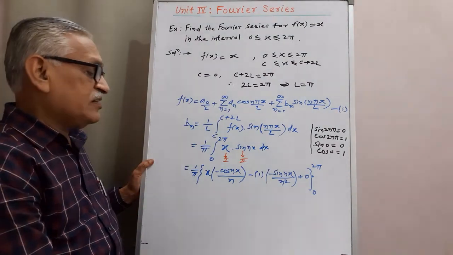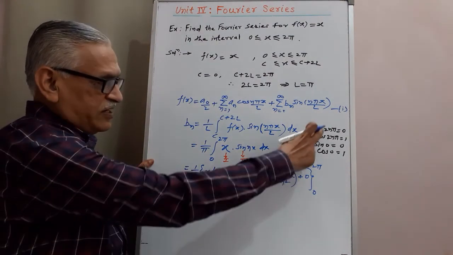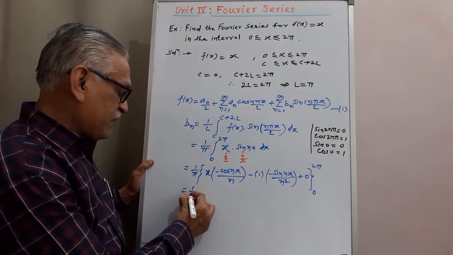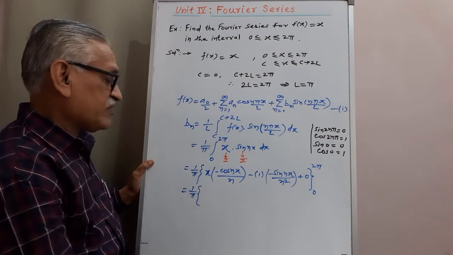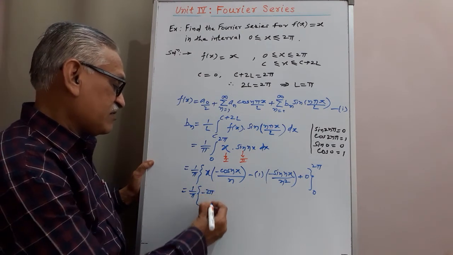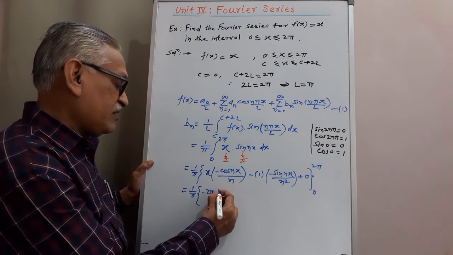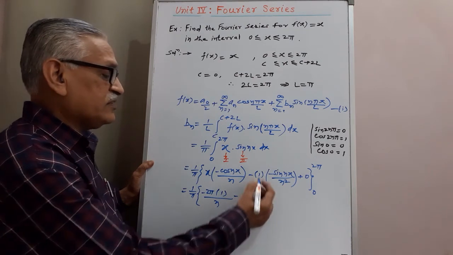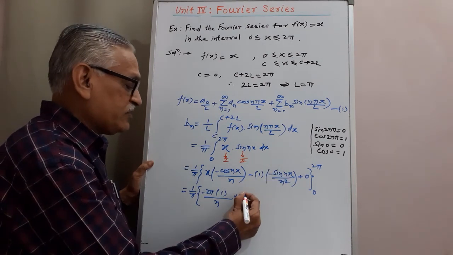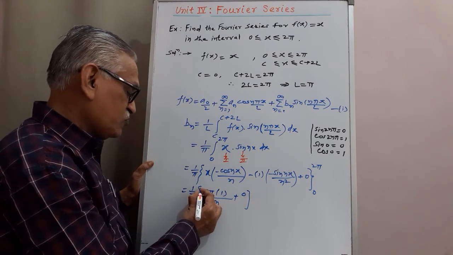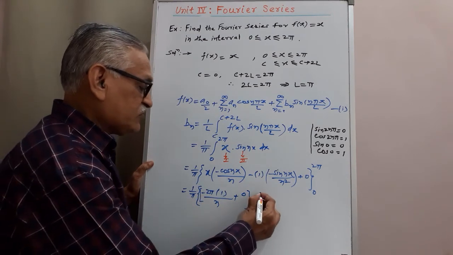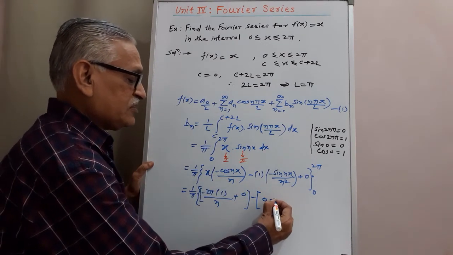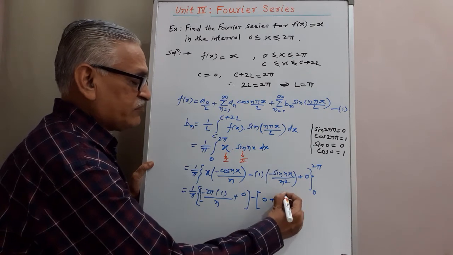Substituting the upper limit, x as 2π, once again we have sine 2nπ as 0 and cos 2nπ as 1, and therefore we get 1 by π, minus 2π cos of 2nπ, the value of cos 2nπ is 1, divided by n, minus, and this minus will become plus, sine 2nπ is 0, these two values for the upper limit, minus the lower limit, when x is 0 we get 0, plus sine 0 is 0.